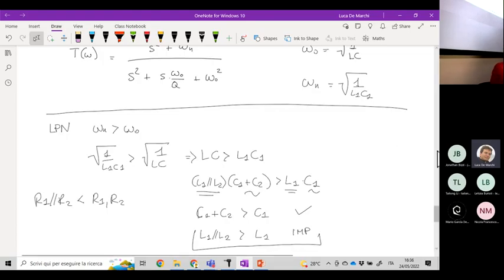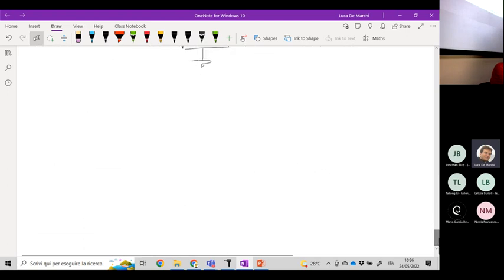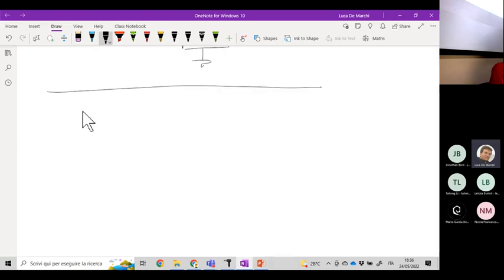When we want to implement a high pass notch, the situation is just the opposite, in the sense that high pass notches are realized when omega n, the angular frequency of zeros, is smaller with respect to the angular frequency of poles.